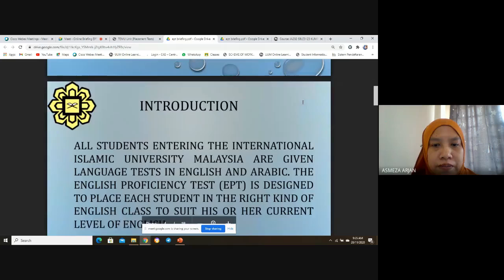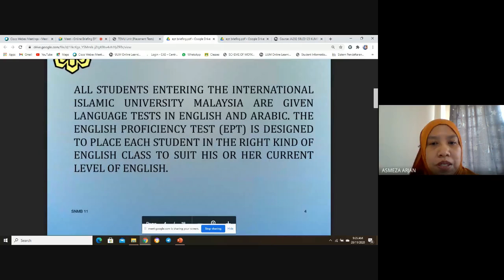For the introduction, this EPT is meant for all students entering the International Islamic University of Malaysia, regardless of whether first degree, master's degree or PhD. If any of you want to pursue your studies here, you have to sit for EPT, unless you have a certain certificate that I will mention, which could exempt you from taking the exam.